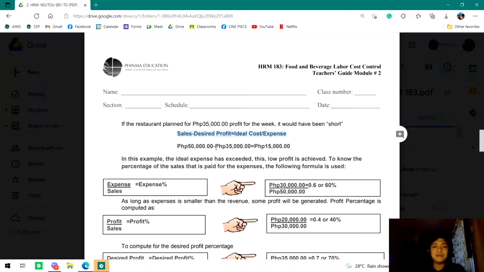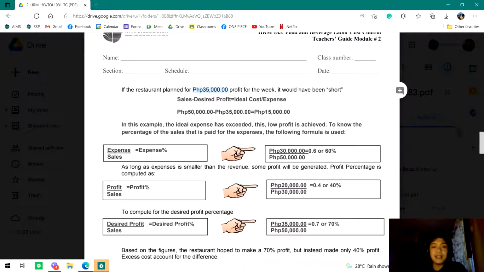So, ibig sabihin, hindi mo na meet yung desired profit mo na 35,000 for the week. Ano yung mga kailangan mo ngayong gawin, or ano yung mga kailangan mong isipin para ma-meet mo next time yung 35,000 profit mo for the week. So, yun yung mga pag-aaralan natin as we go along the discussion.